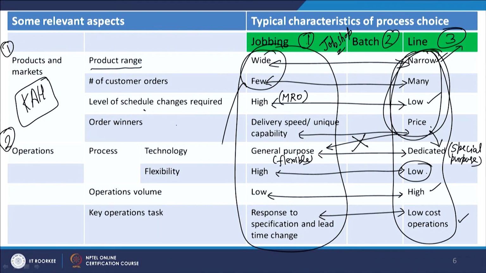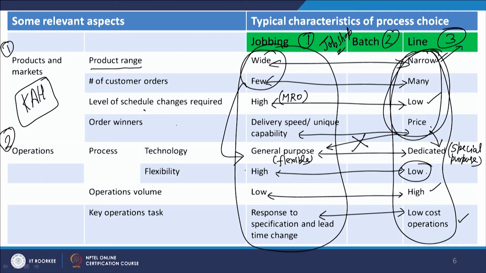Whenever a particular type of product comes, I will use the setting of my machine, and by just changing the dies, by changing the fixtures, I should be able to produce that type of product. So, the same machine should be able to produce a large variety of products. The general purpose machines are more suitable for a wide variety of products where each order is of limited volume. So, wide and few will directly support the idea of general purpose machines and higher flexibility.